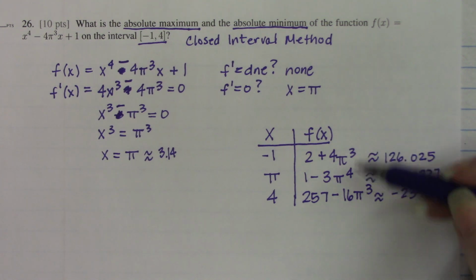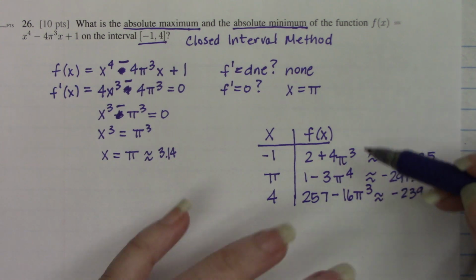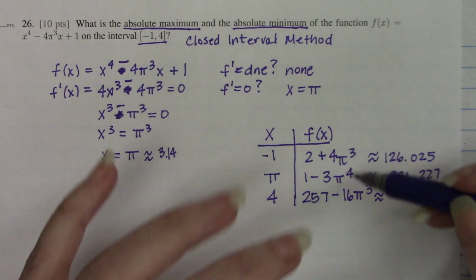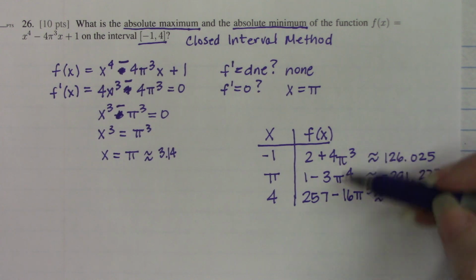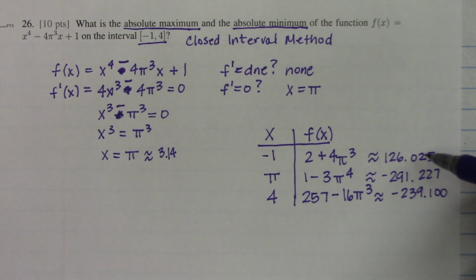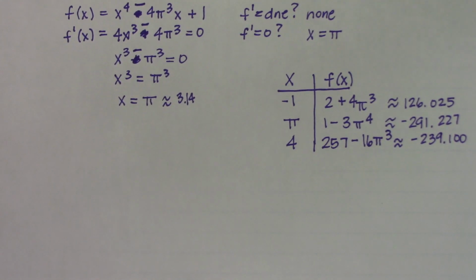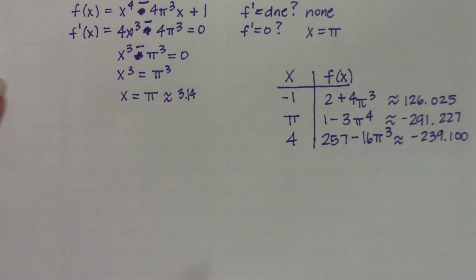I think it would be way easier for someone without a calculator to distinguish what is the biggest and what is the smallest number. So it's really the fact that we have pi here and these powers of pi that makes this look so nasty. So don't let this problem freak you out in terms of the actual exam. I just wanted to comment on that.